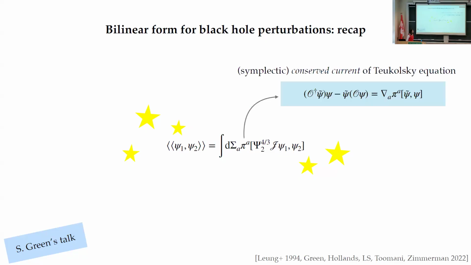It's composed of a conserved current, the symplectic current of the Teukolsky equation, and the insertion of a symmetry operator of Kerr, the T-phi reflection, which is playing a double role here. It's ensuring orthogonality, and it's also mapping s to minus s solutions.